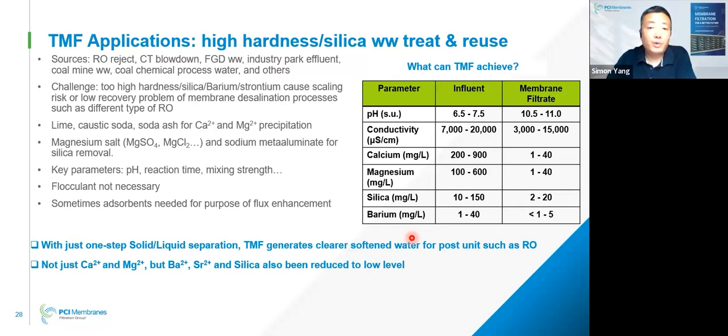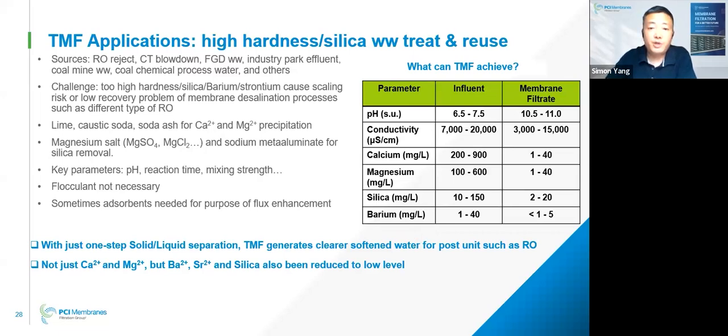So with some precipitant dosing, such as lime, caustic soda, soda ash, and magnesium salt, and a special type, NaAlO2, for silica removal, all of these scaling ions form insoluble solids and are then separated by TMF.